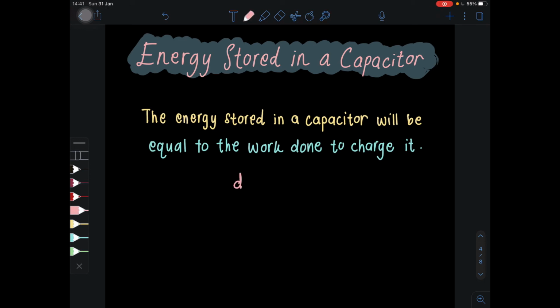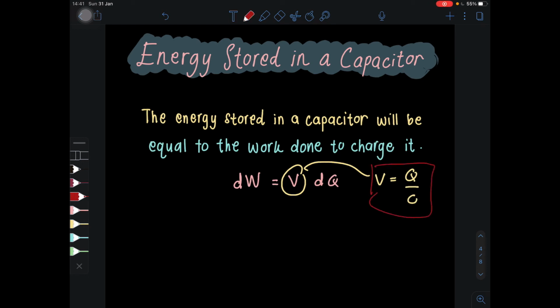Okay, first of all, okay, dia adalah dW, which is the work done, which is equal to V dQ, and V here is equal to Q over C. So ni adalah formula yang awal-awal tadi lah, formula of the capacitance. So integrate this dW, okay, integrate both sides. So masukkan Q over C dQ.